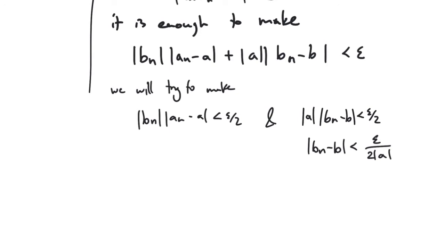What about over here? Over here we use the fact that bn is bounded. So it's enough, let bn being bounded mean |bn| is less than M. M is the upper bound for bn.